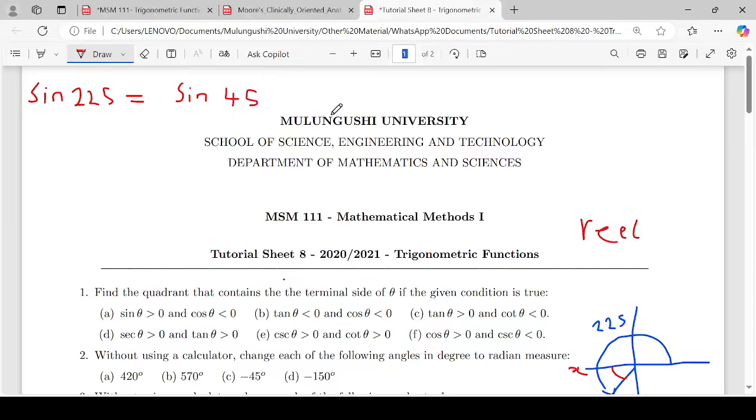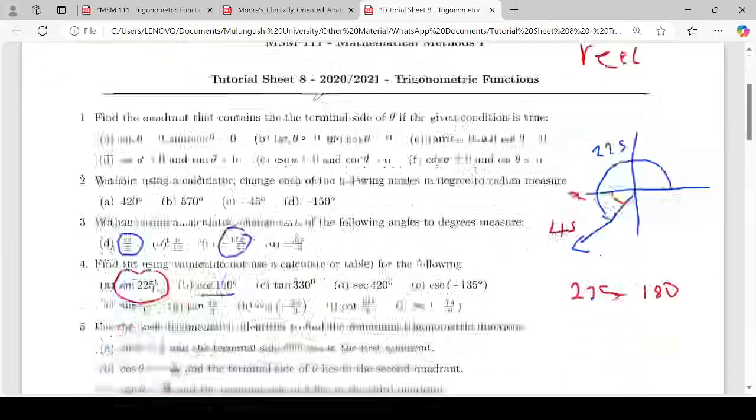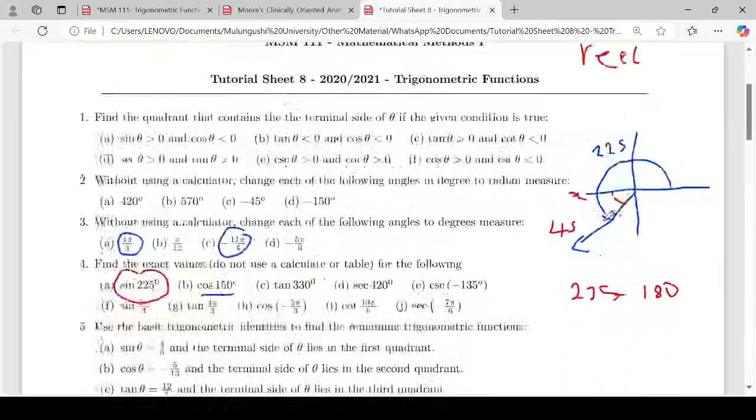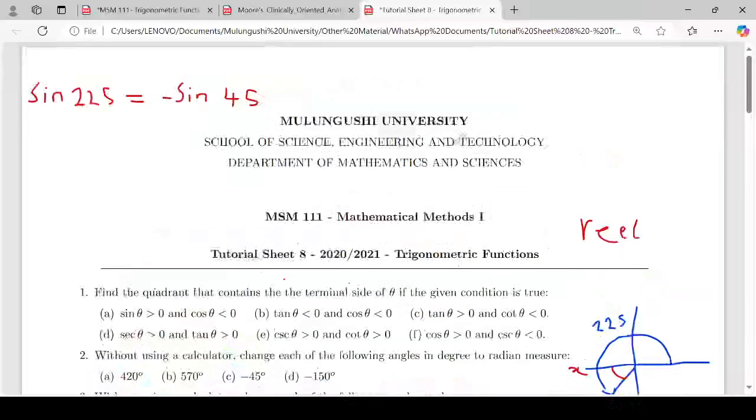And then don't forget the sign of the quadrant. The quadrant we are in is the third quadrant. In the third quadrant, sine is negative. Make sure you draw the table, All Students Take Chemistry. So the helping angle is here. Sine is only positive in here and in there. So in here sine is negative. So sine 225 is equal to negative sine 45.